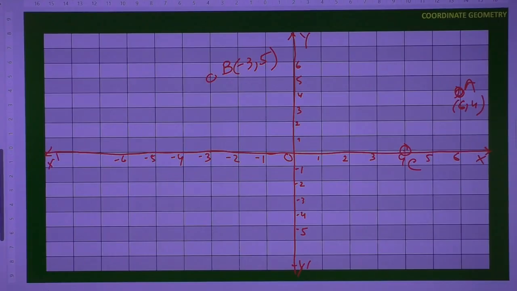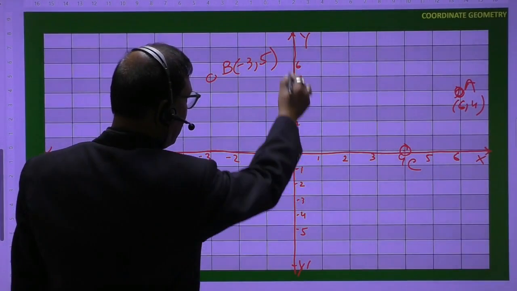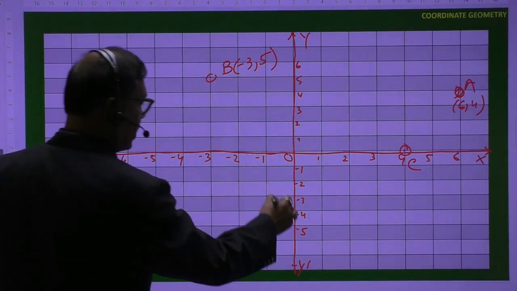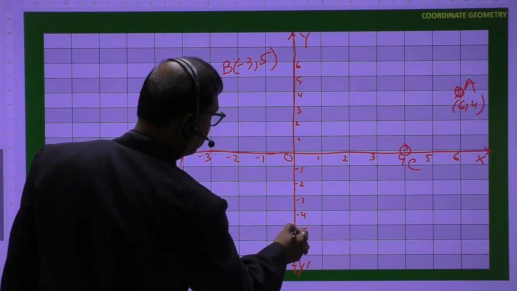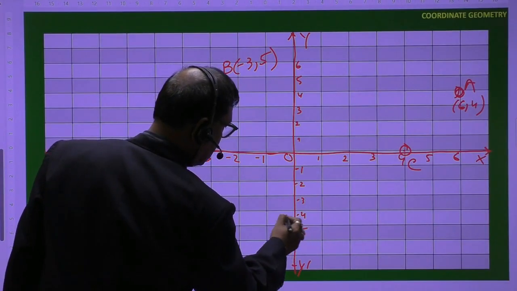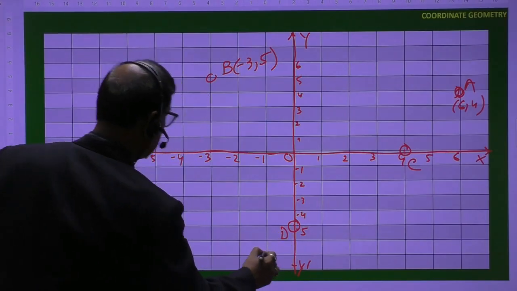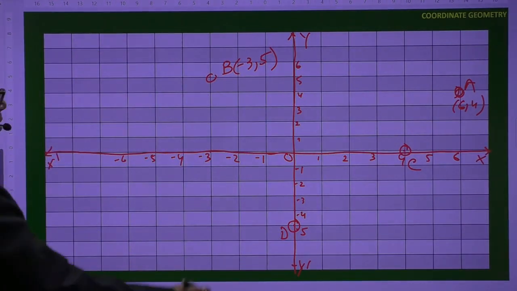Now 0 comma minus 5. X is 0 means the point should be on y-axis, and minus 5 indicates below x-axis. So 0 comma minus 5 is here. Yes, so this point is 0 comma minus 5, and this is D. Now E, minus 2 comma minus 3.